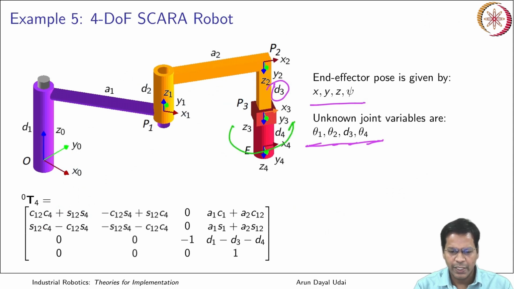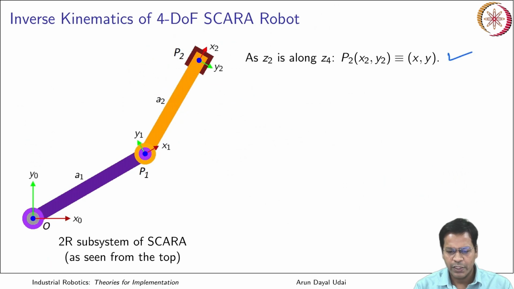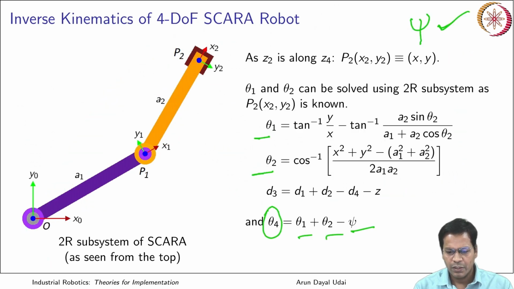This link. This angle is theta 4. So you have calculated theta 1, you have calculated theta 2, and total angle psi is given. So from here, you get theta 4. Got it? So yes, solving these systems is very, very trivial now.